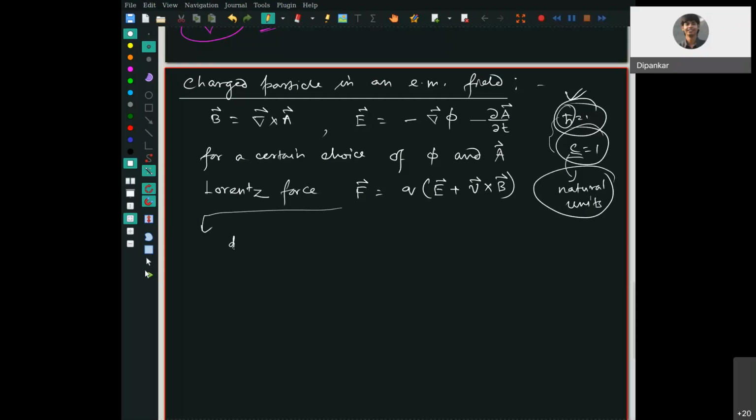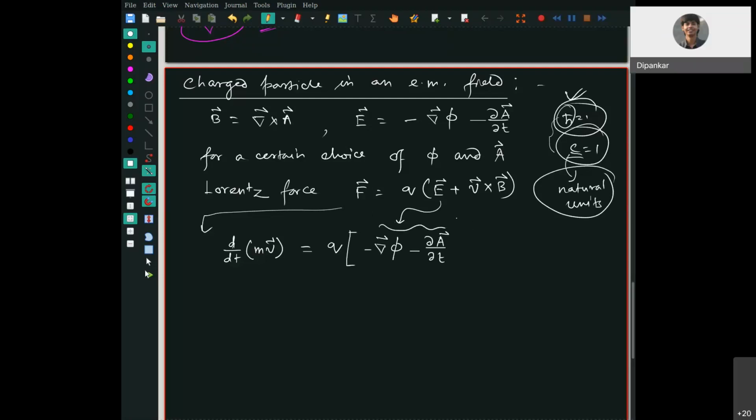I would write d dt of mv, the momentum, equals the force, and that is q times E plus v cross B. So q times minus grad phi minus del A del t, so that's your E, plus v cross del cross A. Remember, our goal is to figure out a Lagrangian that describes my Lorentz force law.